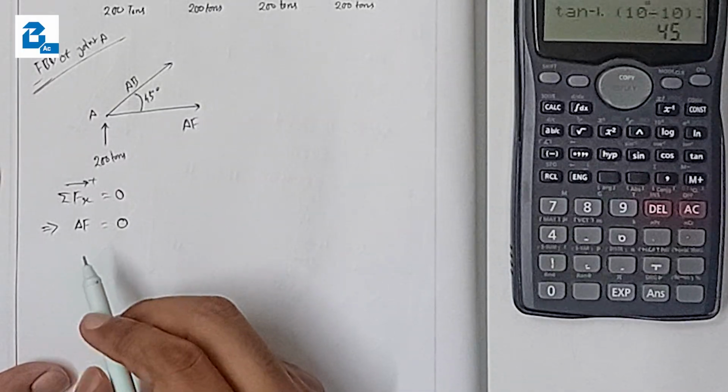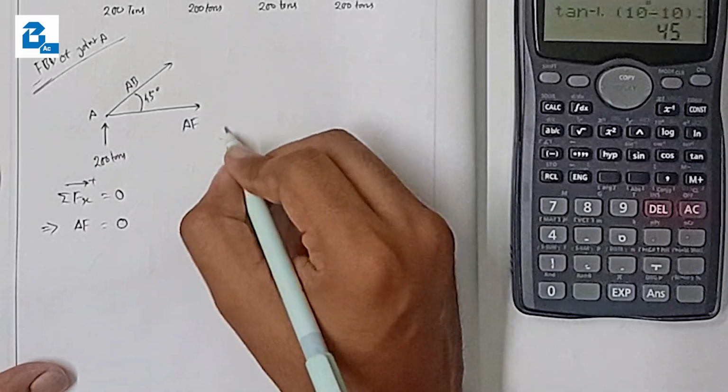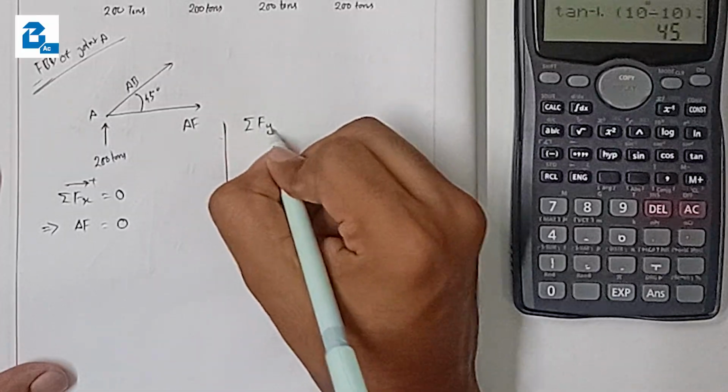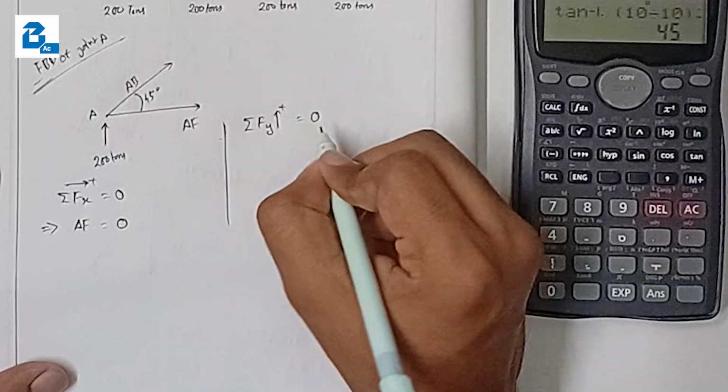And then if we focus on the vertical portion, we get summation of Fy, where upward is positive, equals 0.